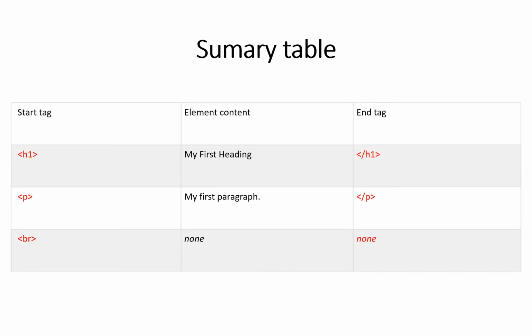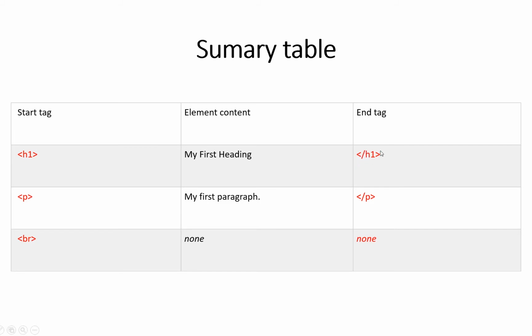So this is a summary of what we have been seeing. We have the H1 element, which is the first heading. We have the BR element, which is an example of an element that does not have an end tag. When we open an element, for example the H1 element, the end tag is the slash.